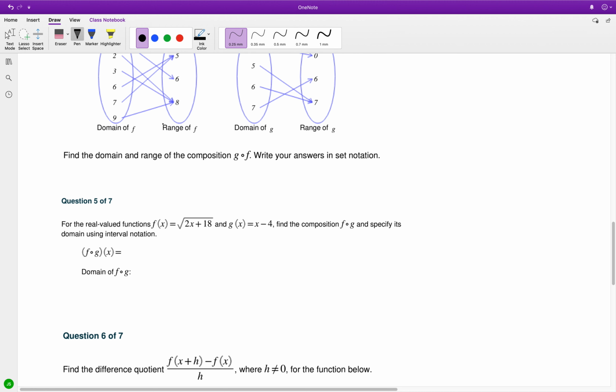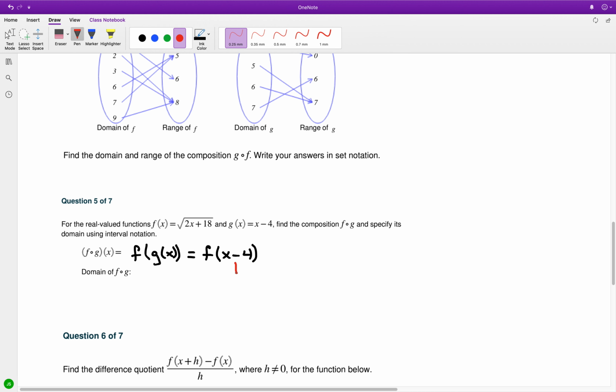So we have f composed with g of x, which is f of g of x. With g of x as the input function, I have f of x minus 4.